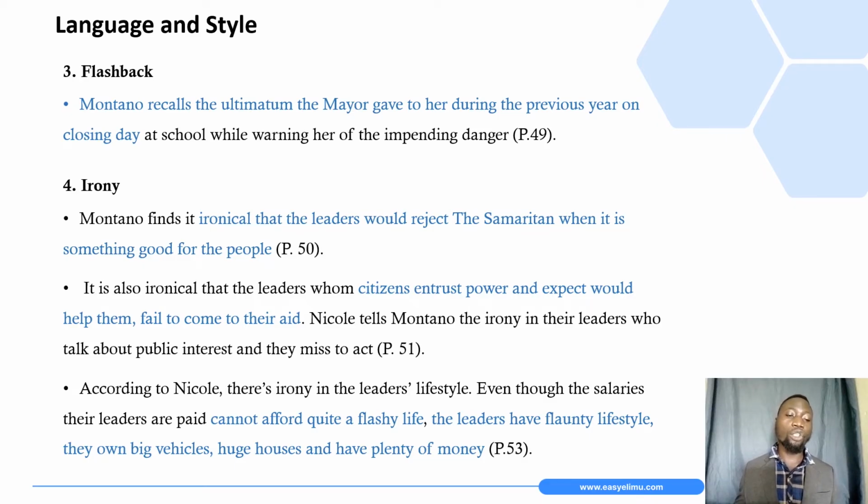So there is also irony. Montano finds it ironical that the leaders would reject the Samaritan when it is something good for the people. So remember, it is good for the people, but it is not good for the leaders. And that is why they are trying to call it a witch hunt.